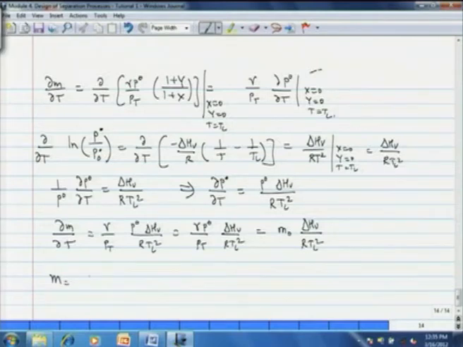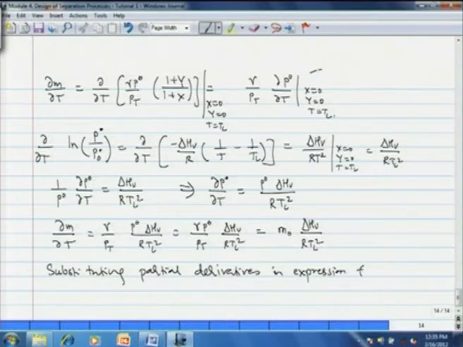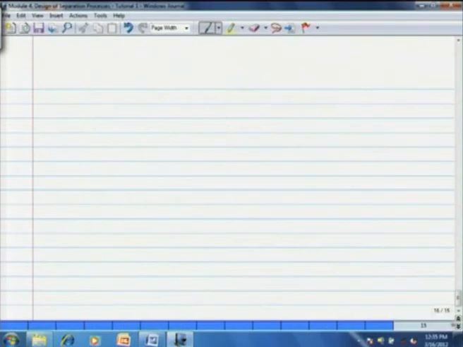So, substituting partial derivatives in expression for m, we get m is equal to m naught into 1 plus y minus x minus 2 to 2a12 minus a21.